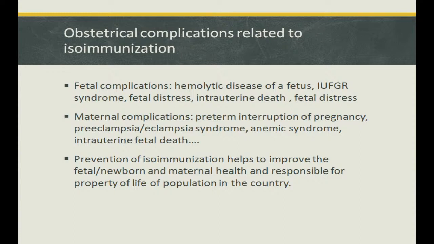Preterm interruption is spontaneous, which is just related to development of isoimmunization complex during the pregnancy. Thus, patient may have early miscarriage of pregnancy, may have later miscarriage, she may have preterm labor.